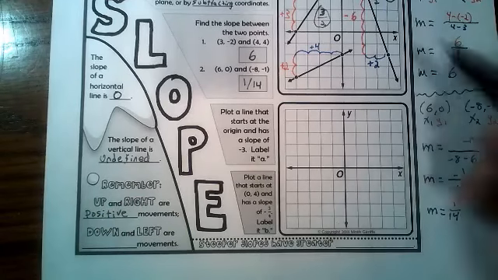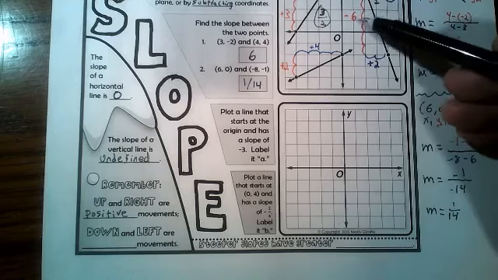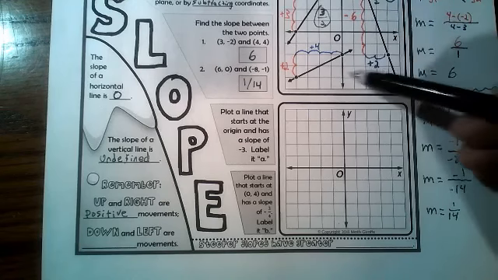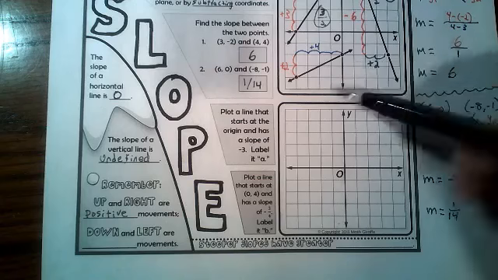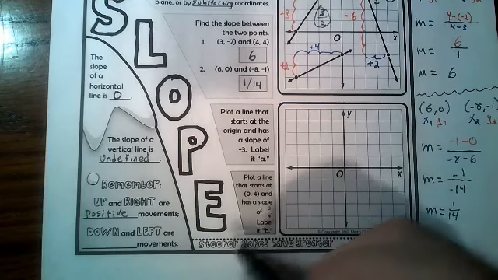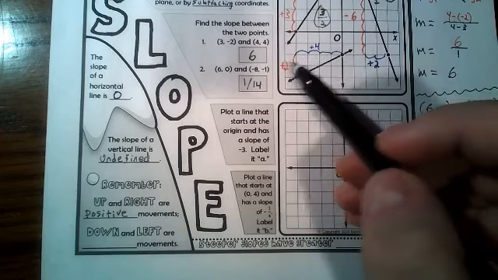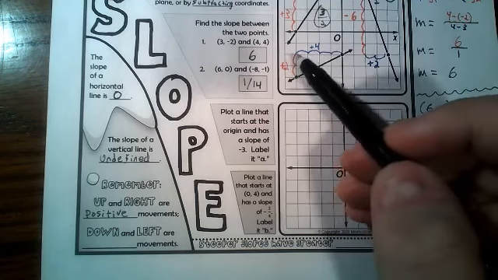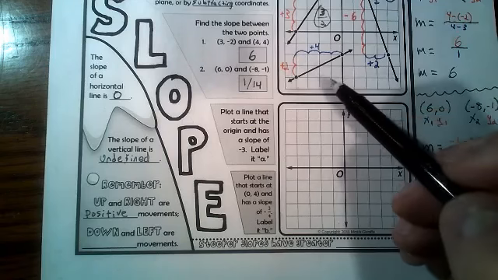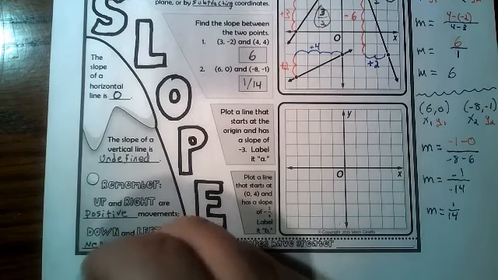If you count down like we did here, we went down 1, down 2, down 6 towards the negatives. If you go down, then it's going to be a negative movement. If you go left, which we really didn't have to do, but we could have, it'd be -4, -2. So if we went left, it is also a negative movement. We're going towards those negative values.